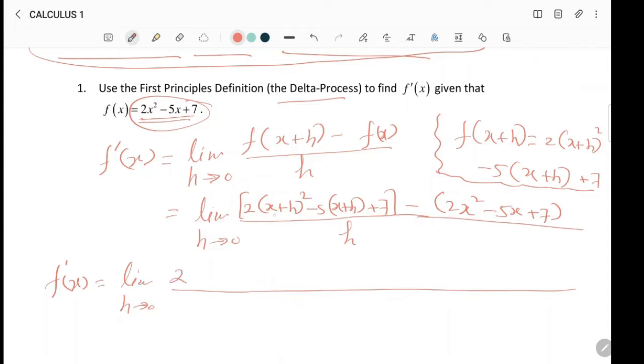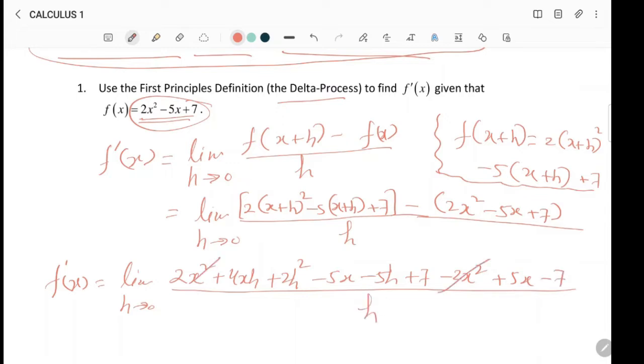When you expand, you will get x square plus 2hx plus h square multiplied by 2. So you will get 2x square, then 4xh, and h square times 2, that is 2h square. Here minus 5 times x, minus 5x, and here minus 5h plus 7 minus 2x square plus 5x and minus 7 over h.